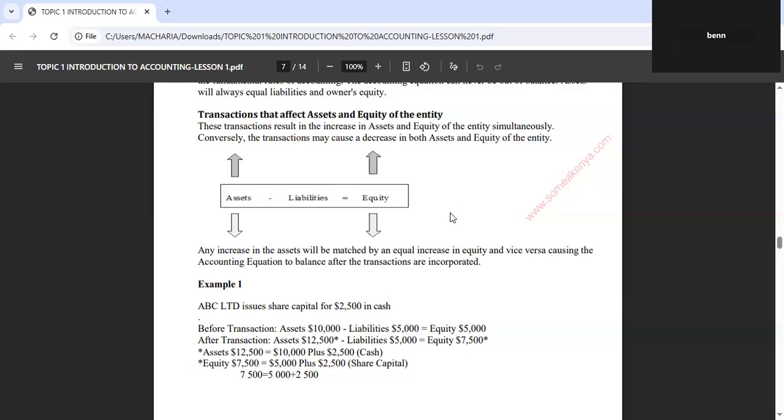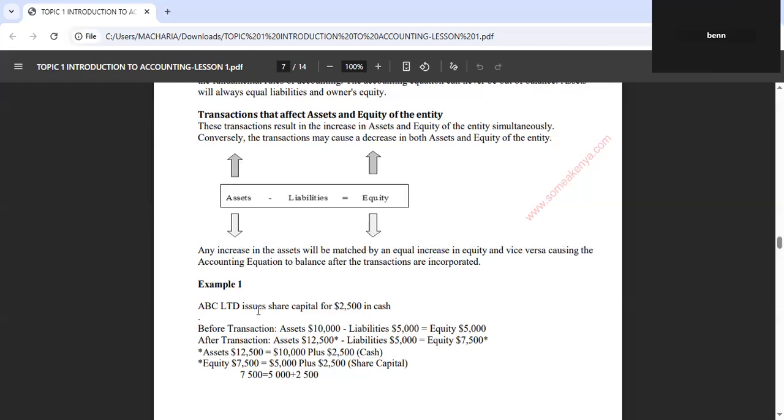You can rearrange this such that when you bring liabilities to the other side, you find that assets minus liability should give you equity. This is the same equation, only that I have rearranged it and placed liability on the other side of the equation. This was before the transaction.